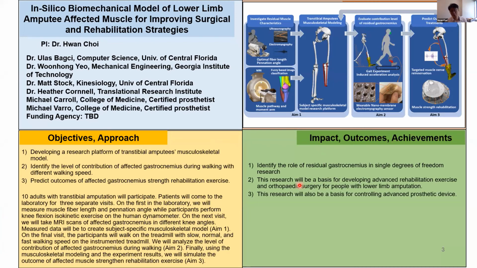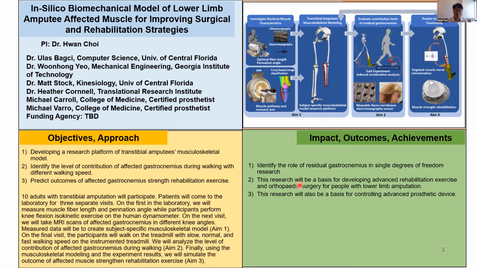So it is really important to have the computational musculoskeletal model, because this model helps us to predict and build the strategies to provide subject-specific rehabilitation exercise, as well as developing advanced prosthesis.